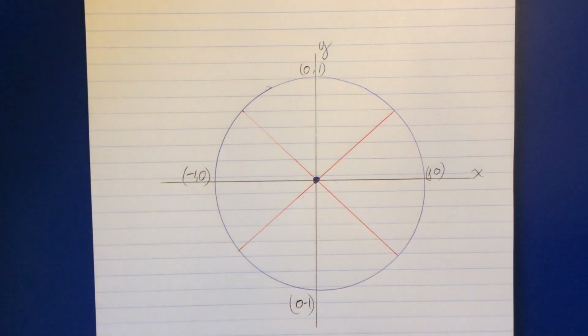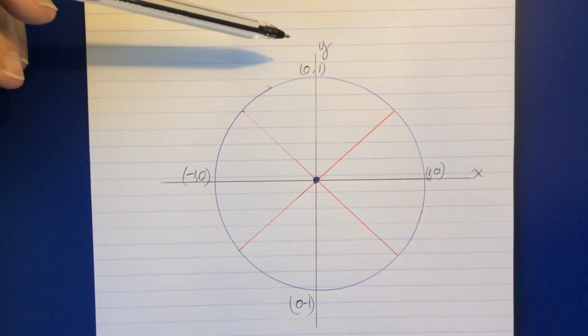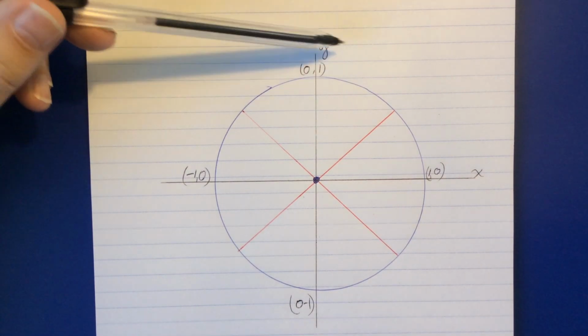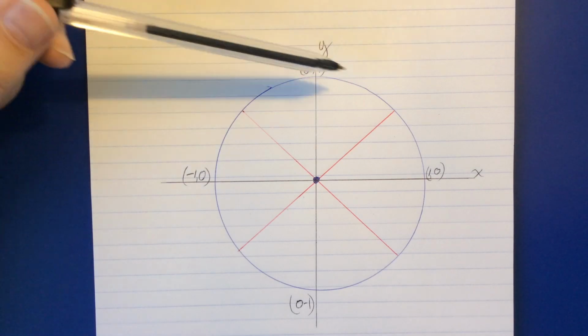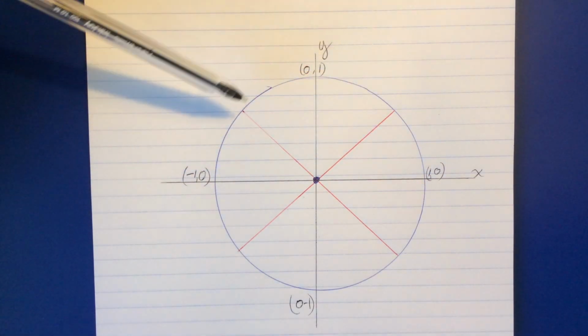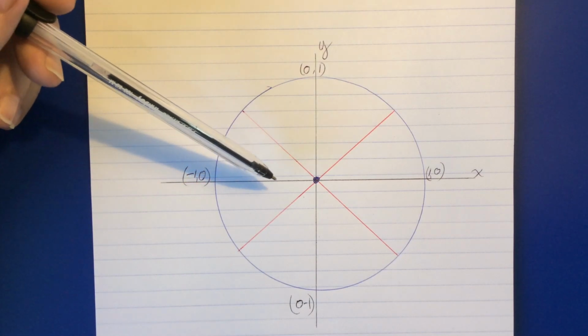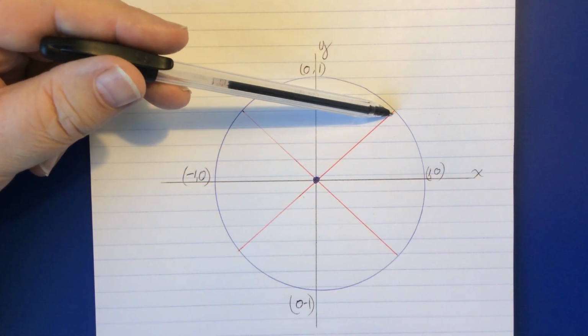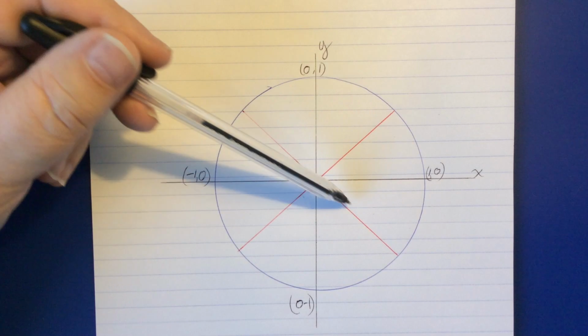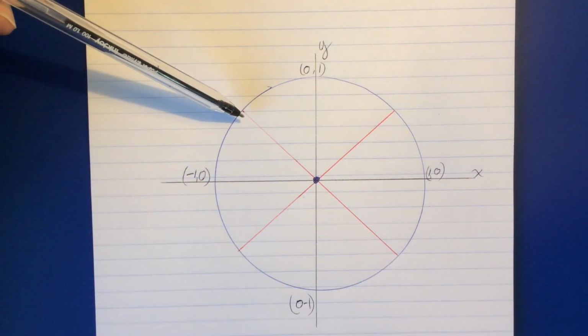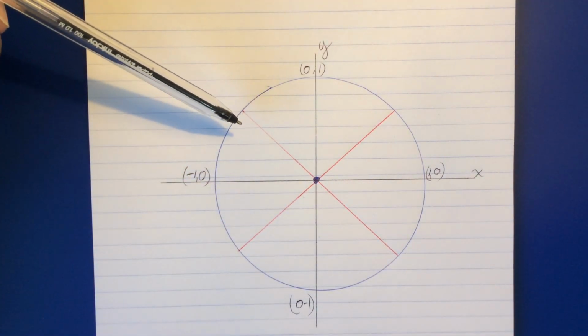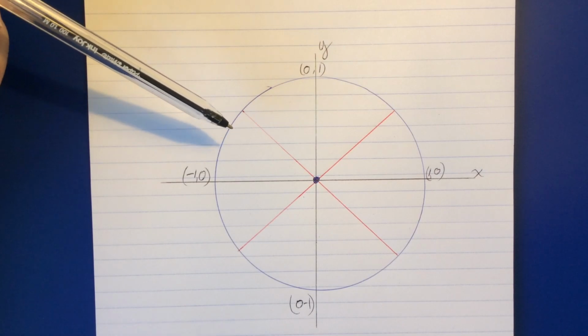Okay, so here we have a unit circle sitting on an x and y axis. We've got all the points of intersection here, and I've got two diameters drawn, or more precisely, I've got four radii drawn.